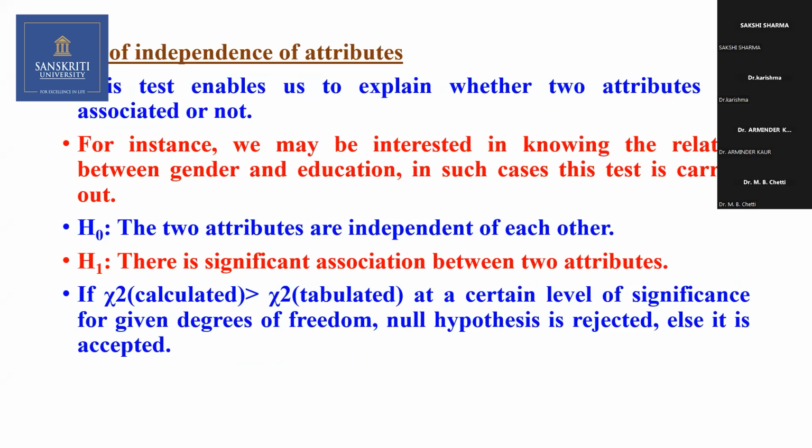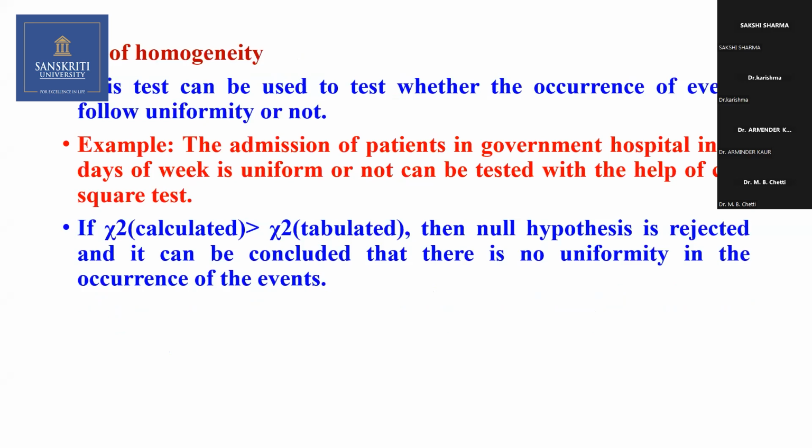And the same logic: if the calculated chi-square value is greater than the table or critical value at a certain level, say 5%, in general, for given degrees of freedom, then the null hypothesis is rejected, else it is accepted.